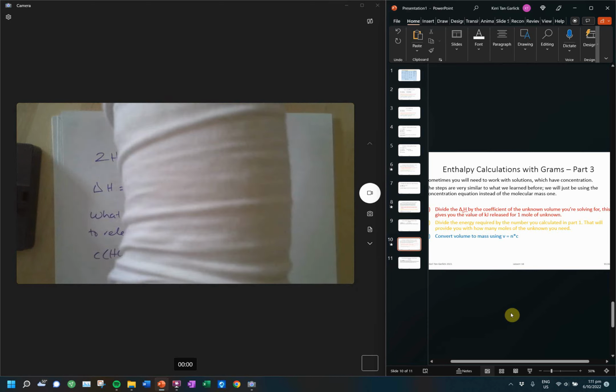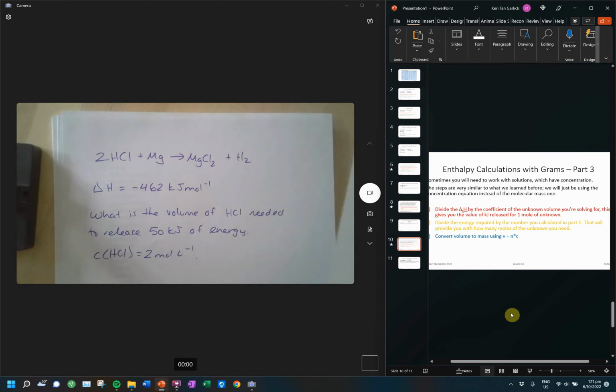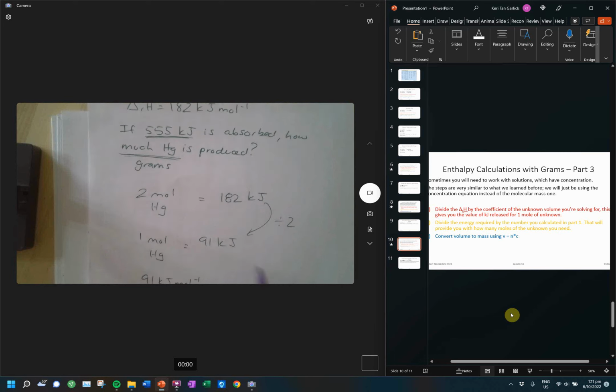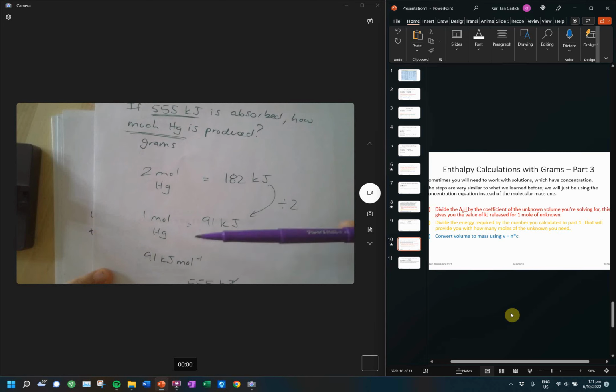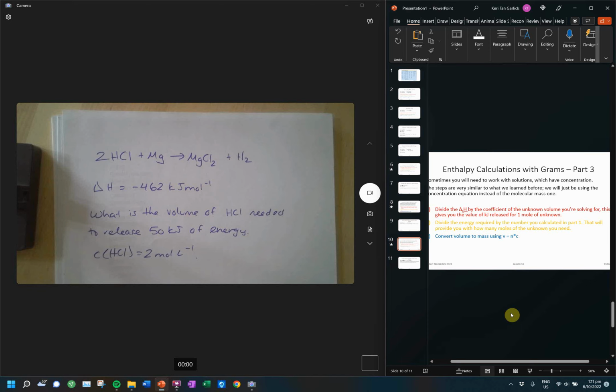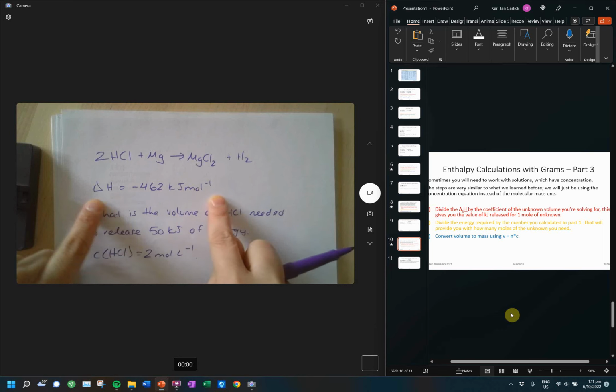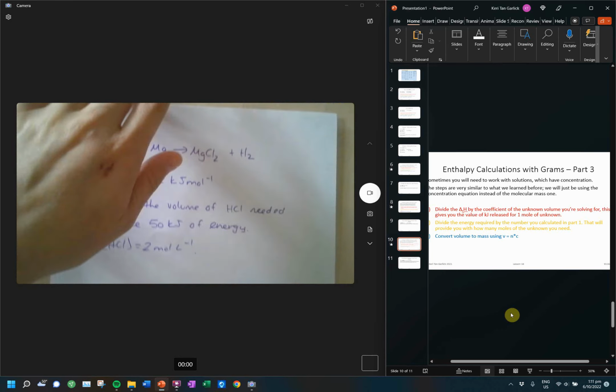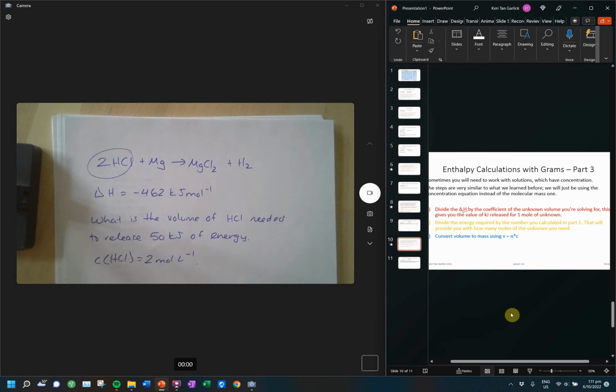The setup is going to be similar to what we saw in that previous question. Step number one is I need to figure out how many kilojoules per mole I get for 1 mole of the hydrochloric acid. Remember that this equation is referring to 1 mole of this overall reaction, but we have to change the ratios because we are talking specifically about the hydrochloric acid. So for every 2 moles of hydrochloric acid, we are releasing negative 462 kilojoules.